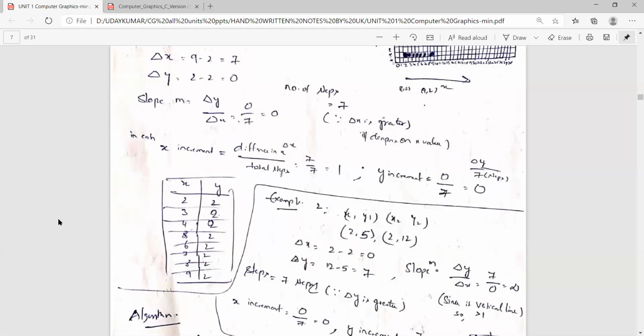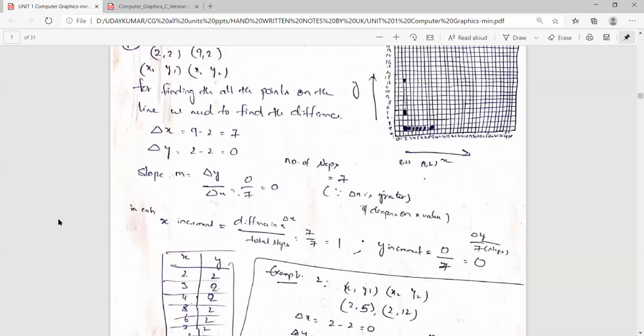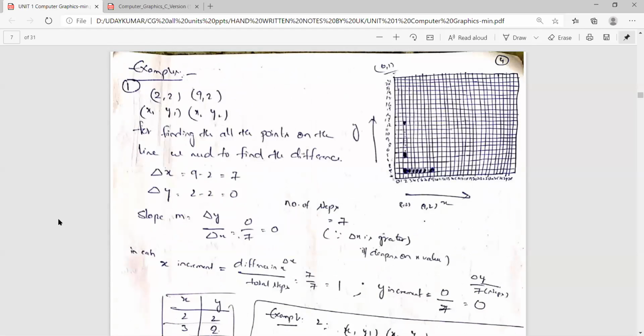So you can draw a table. From the above picture, plot the point 1 comma 0.